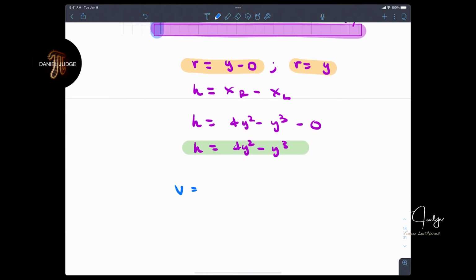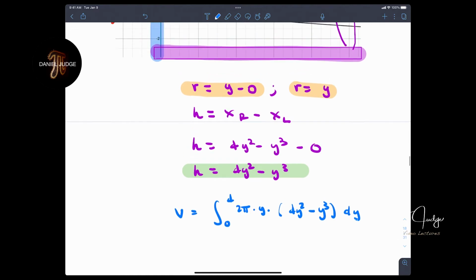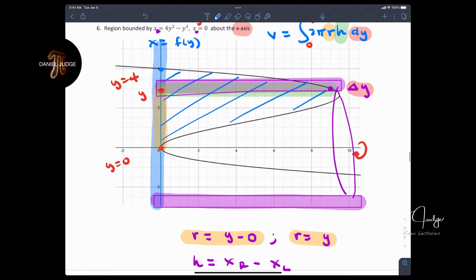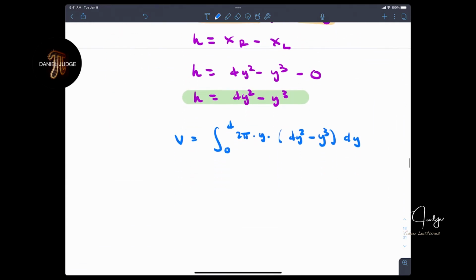So the volume is going to be 0 to 4, 2 pi y times 4y squared minus y cubed dy. Radius, height, dy. It's double checking. So the volume now becomes, if you pull out the constant, 0 to 4, y times 4y squared minus y cubed dy.